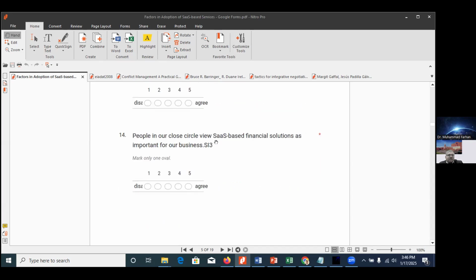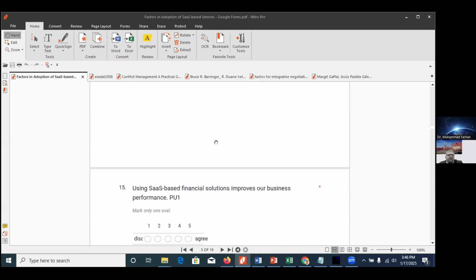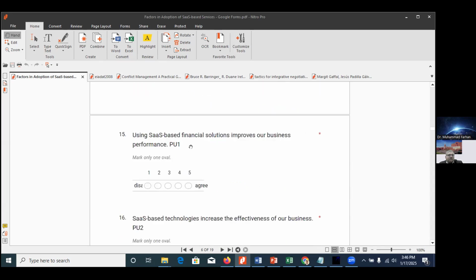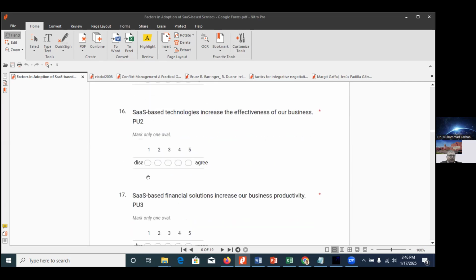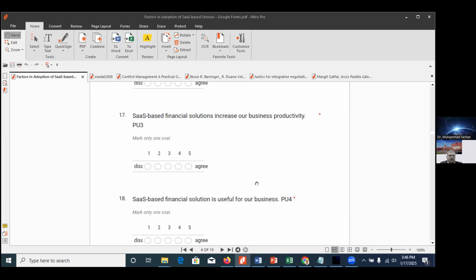SI3 talks about another item, SI4 will come. Now this is PU, another variable. PU is perceived usefulness: using SaaS-based financial solutions improves our business performance. So this PU will be measured by PU1, PU2, PU3, and PU4.